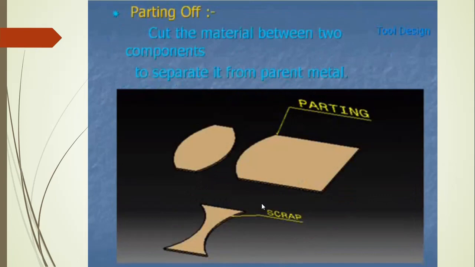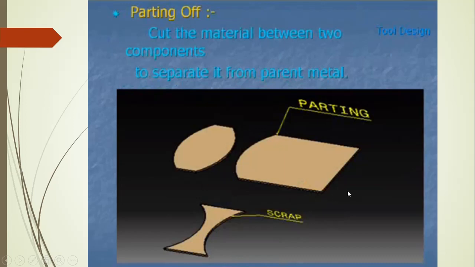Next one is parting off. What is meant by parting off? Cut the material between two components to separate it from the parent metal.